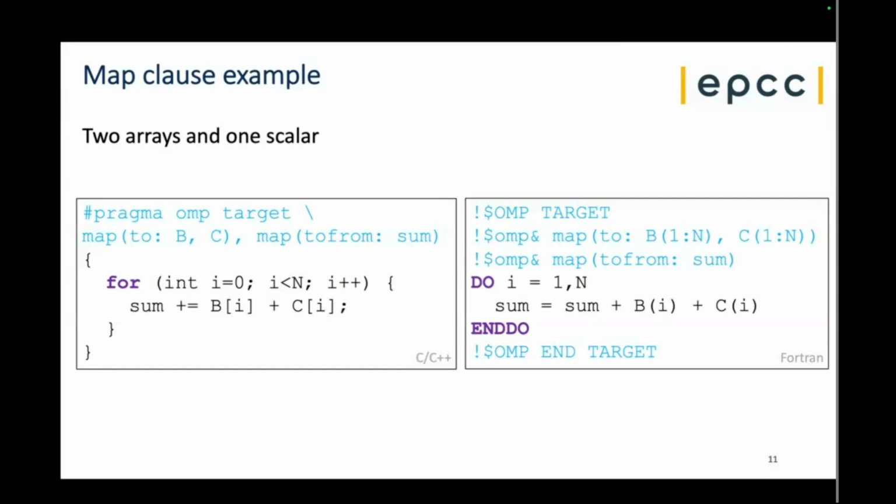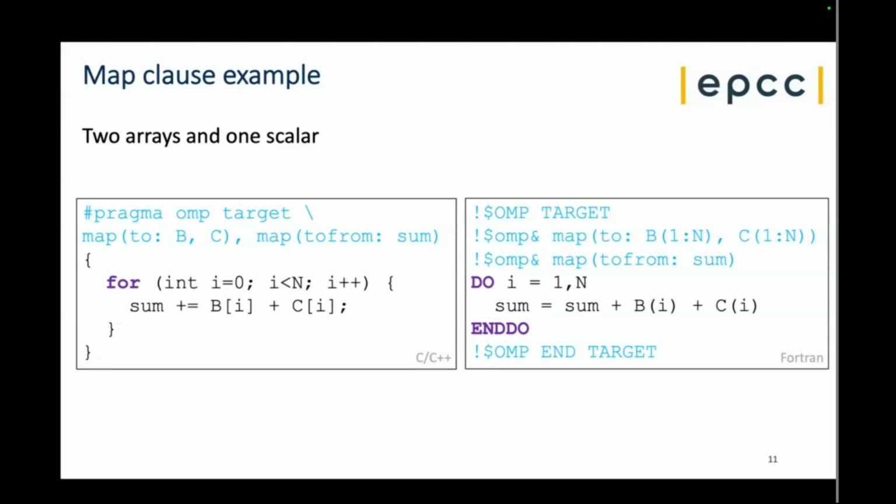So you accumulate the sum over all the elements. We give it target, which means this will run on the device, and then we add the map directives, which will tell it to move data from the host to the device.